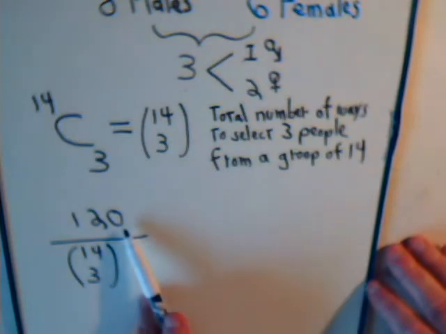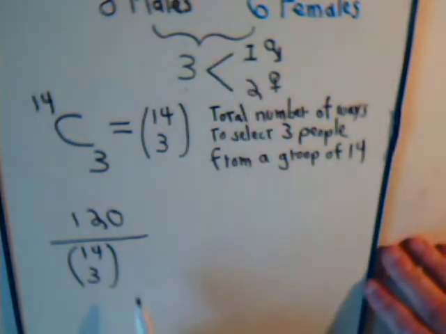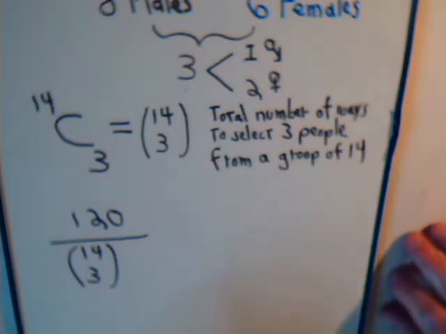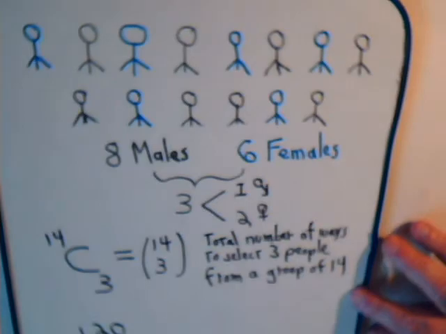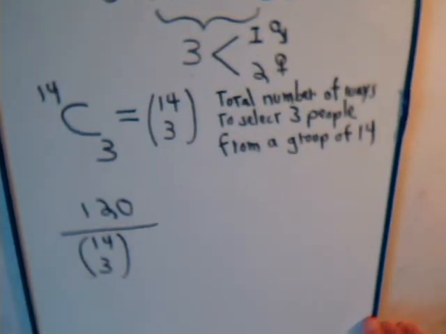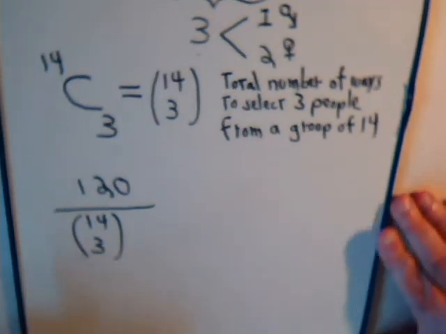This is the total number of ways to select 3 people from the group. So when we take this ratio, that tells us the probability of choosing 1 male and 2 females, selecting them randomly from this group of people. So all we have to do now is figure out what this binomial coefficient is. Let's do this separately.